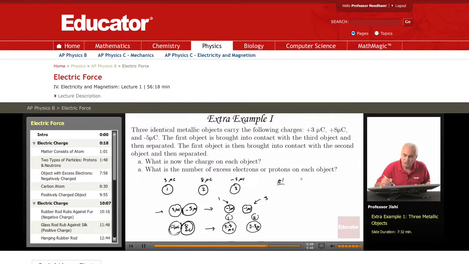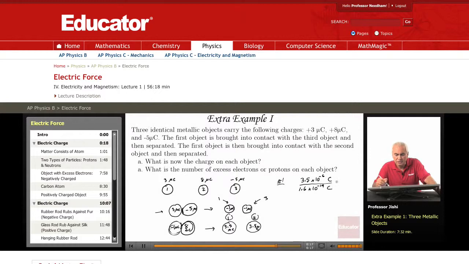It's the charge, 3.5 times 10 to the -6 coulombs, divided by the charge of the proton. What is the charge of the proton? 1.6 times 10 to the -19 coulombs. So that's the excess number of protons.